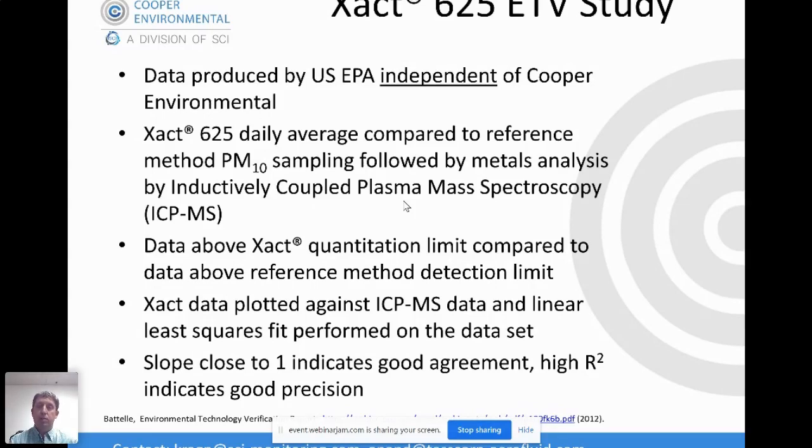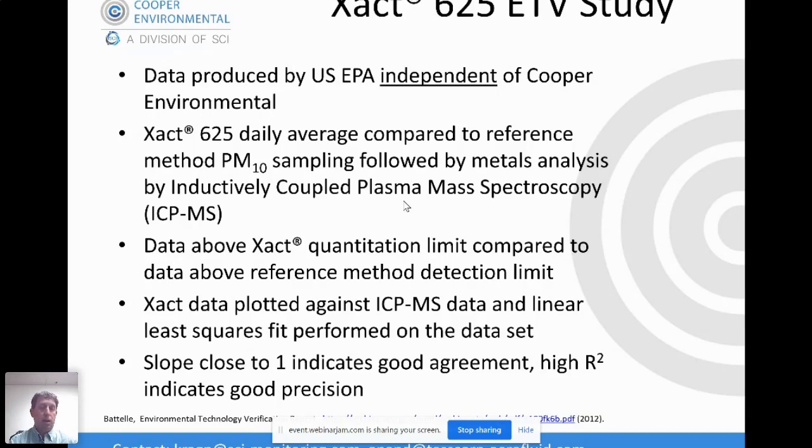And then that filter from that sampler was analyzed for metals by ICP mass spec, or inductively coupled plasma mass spectroscopy. Any data for any element above the Xact's quantitation limit was compared to any data above the reference method's detection limit. And then the Xact's data was plotted against the ICP-MS or laboratory data, and a linear least squares fit was performed on the data set.